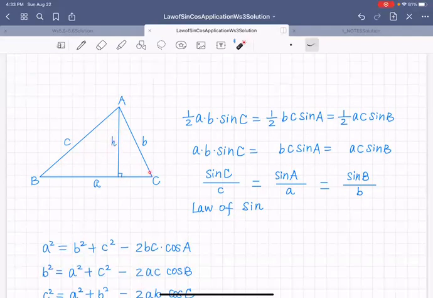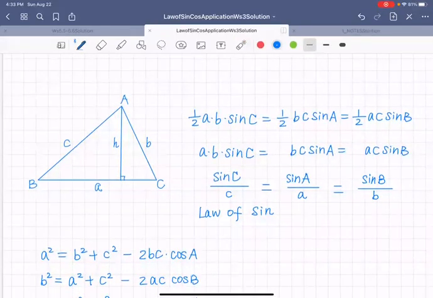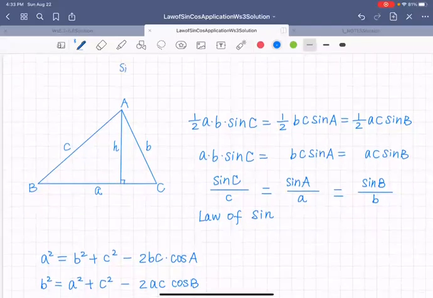Sine C. Sine C is H over B, correct? Sine C is H over B, B is the hypotenuse.